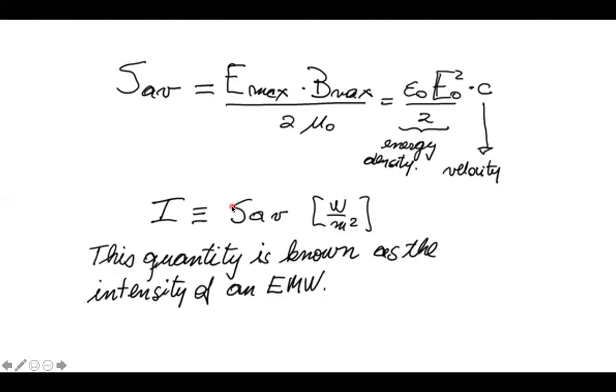And when somebody quotes it, it's not the maximum value, it's not the minimum value, it's just the average value. And the average value is exactly equal to the maximum value divided by 2 mu naught. So essentially what we're doing here is taking the average over a complete period of the electromagnetic wave, okay?